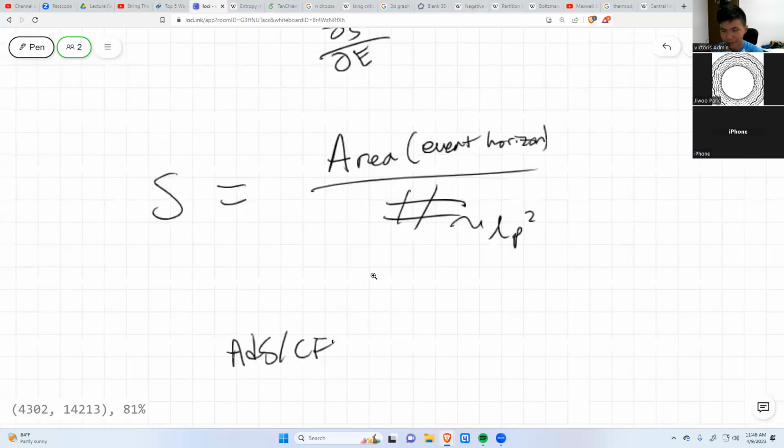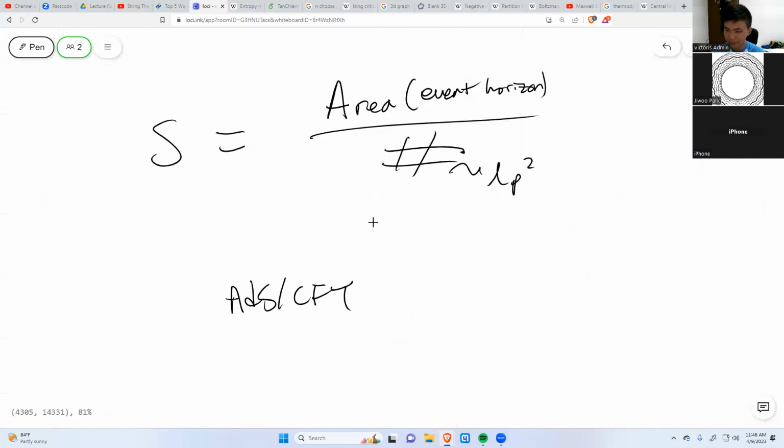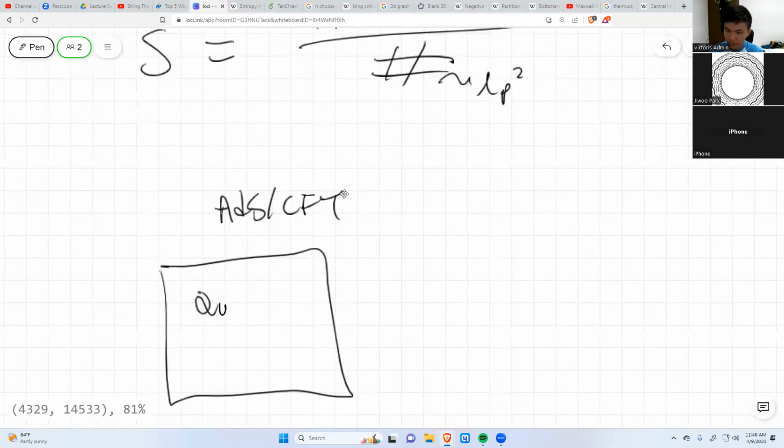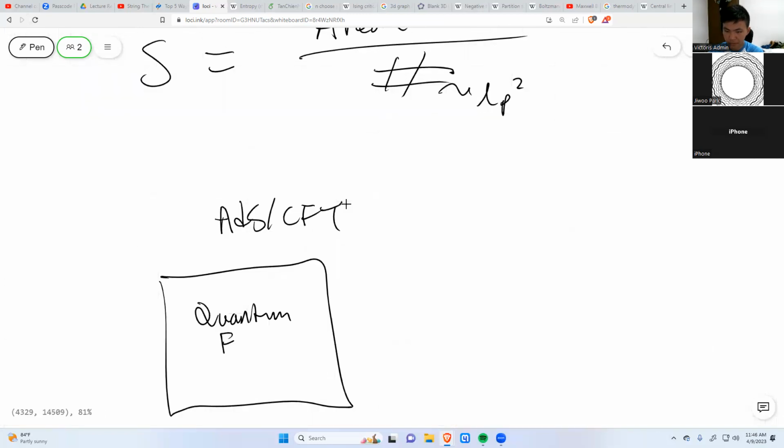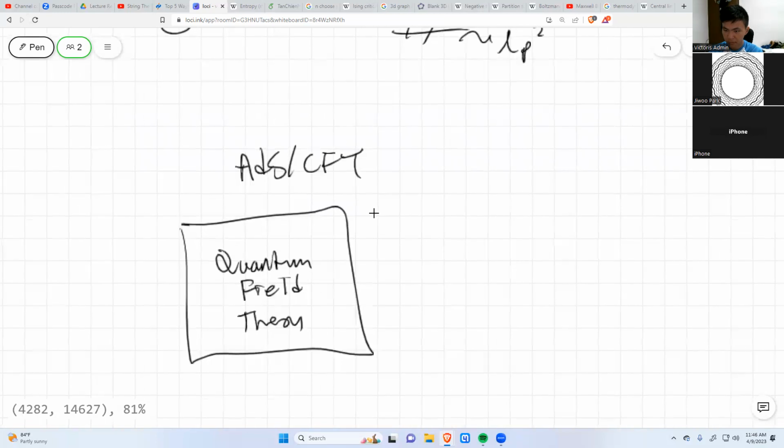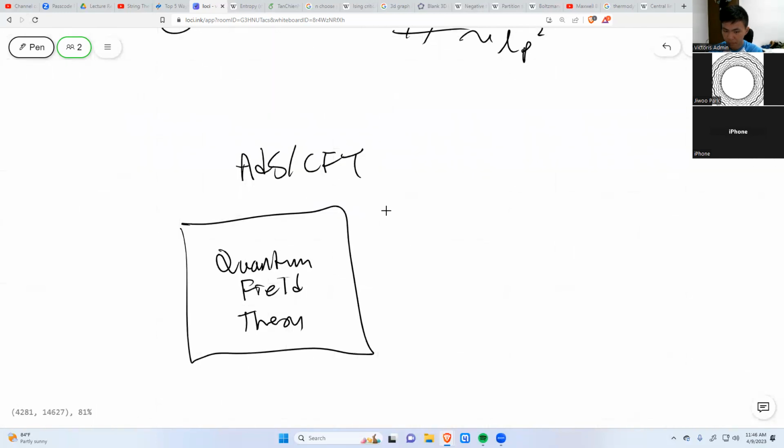The most conservative way to say ADS-CFT is there is a quantum field theory. This is something that has a possibility of being mathematically rigorously defined. For quantum gravity there is no possibility, but for quantum field theory there is a possibility we could define quantum field theories.